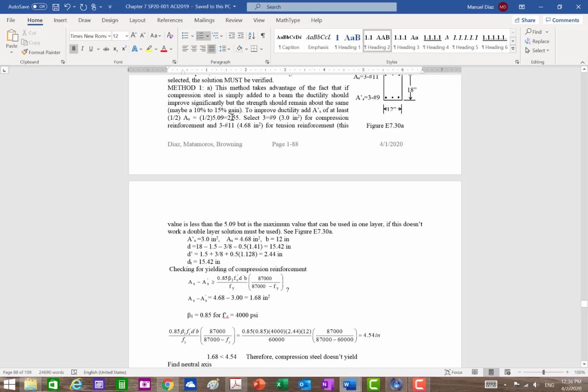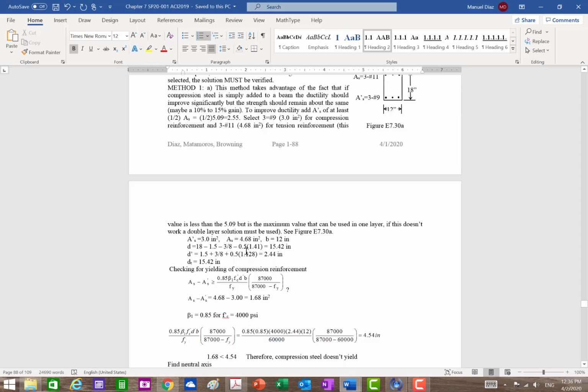Otherwise, if we go to double layers, then we have to change the d, we have to change all those calculations. So we're trying to see if it fits, if it will work. We don't know, okay? So remember, everything has to be checked. So you're just taking a chance here that I'm going to go a little lower, but I did add more compression reinforcement here. So maybe we get something.